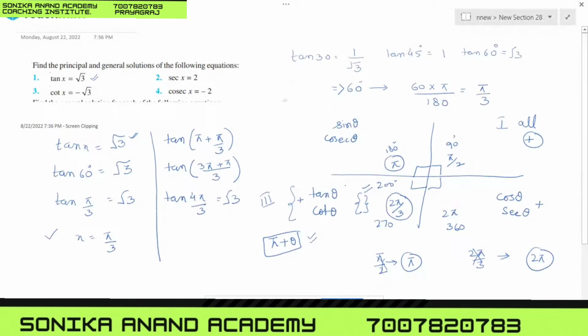Generally, there are two principal values. We have to find two principal values. So the principal values are: first answer is pi by 3, second answer is 4 pi by 3.